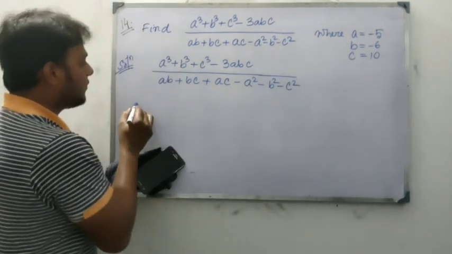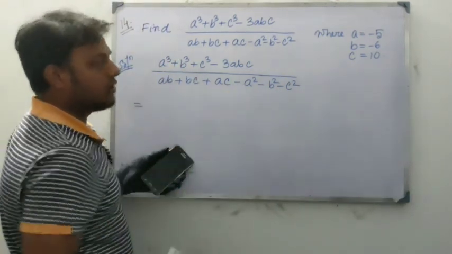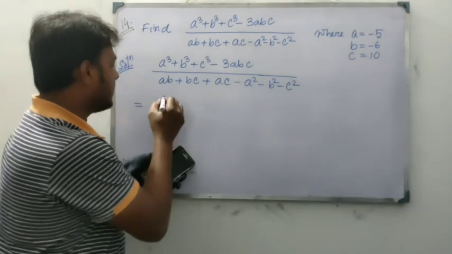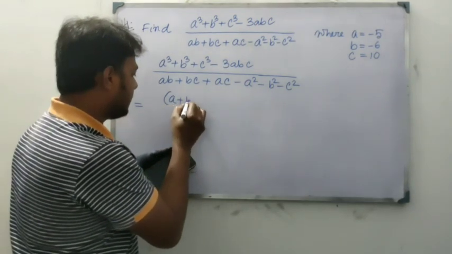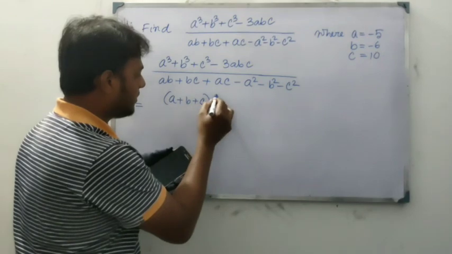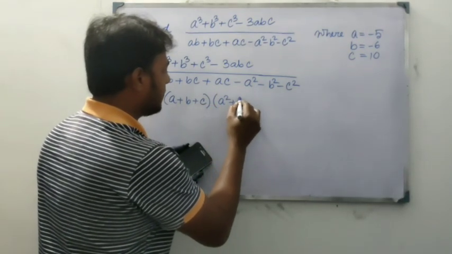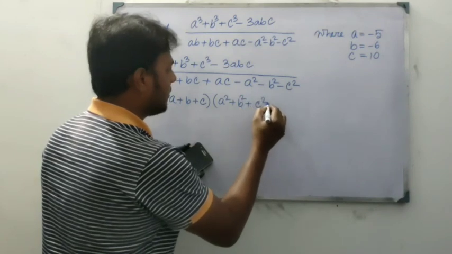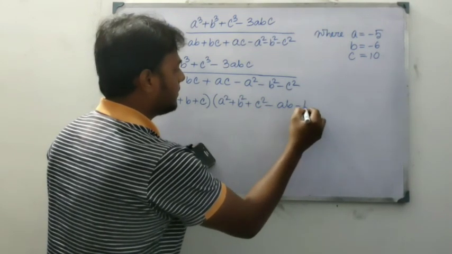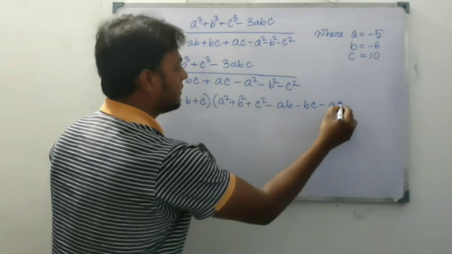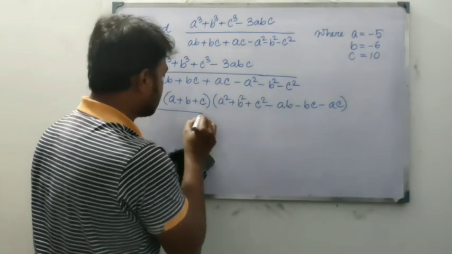We know the identity for the numerator: (a + b + c) into (a² + b² + c² − ab − bc − ac), as I just discussed.